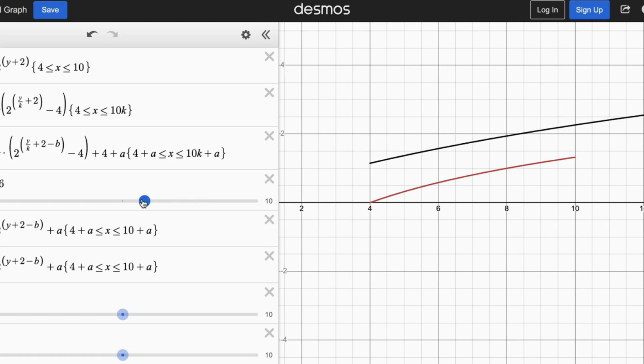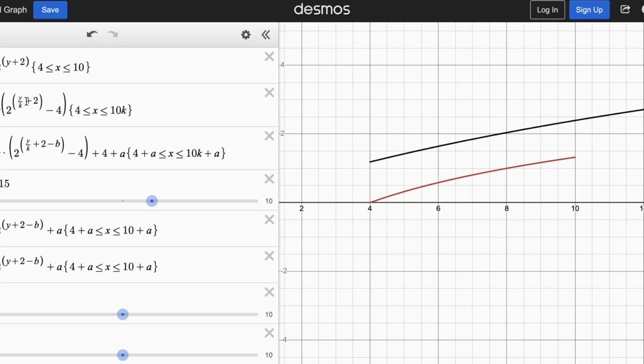Something else we need to note is that this graph keeps moving up and down. What we really want is that when y is equal to 0, x is 4. Right now, in this equation, when y equals 0, then 0 plus 2 is 2.